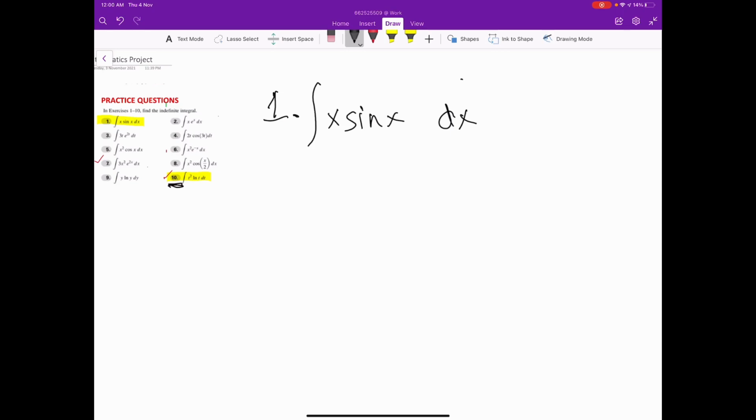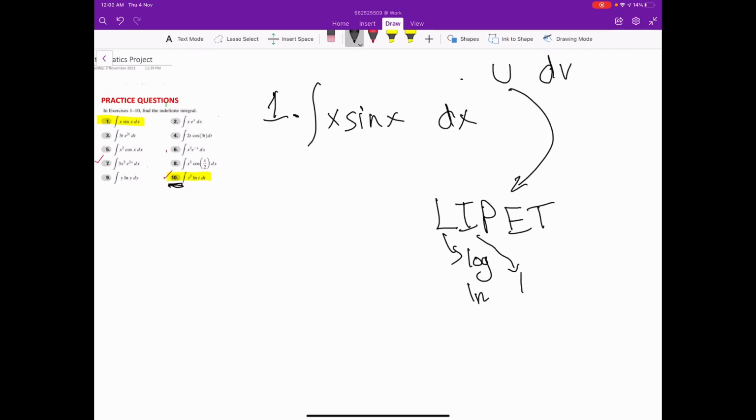There is an acronym that can help you find the u. We need to find the u and the dv. This acronym is LIPET. What does LIPET mean? L stands for either log or ln.